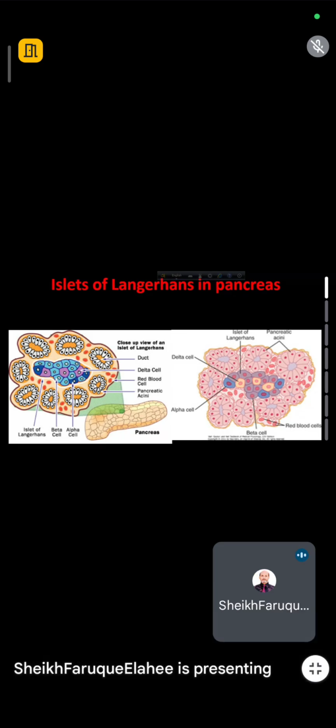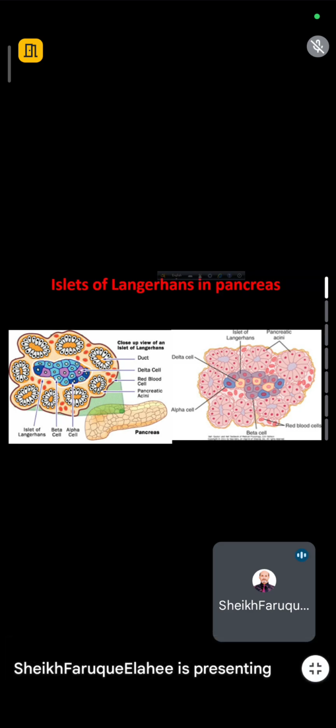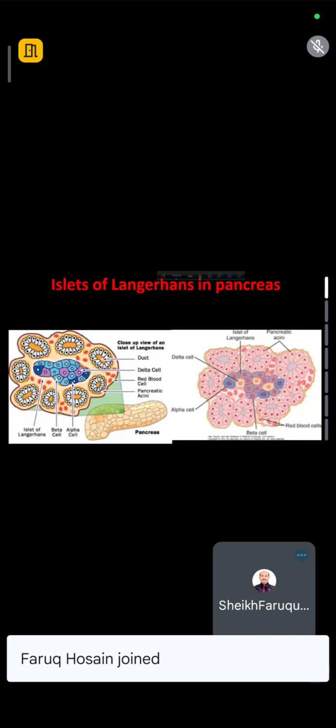What is endocrine and what is exocrine? Endocrine means the gland which secretes its juice or secretion directly into the blood. There is no duct. This is called a ductless gland. An endocrine gland is a ductless gland. It secretes its fluid or juice directly into the blood.